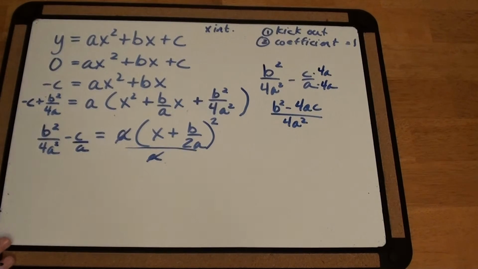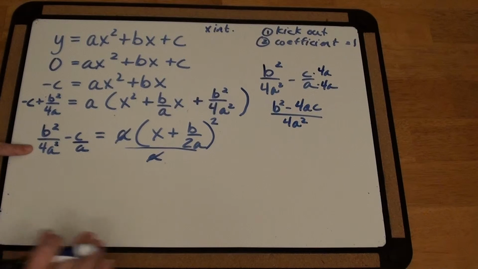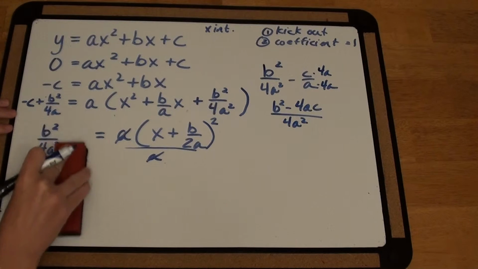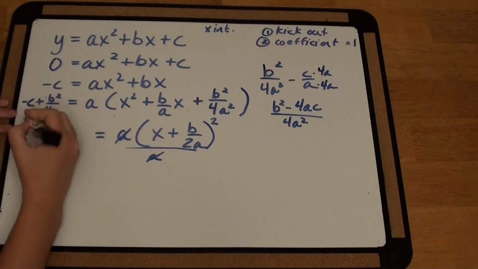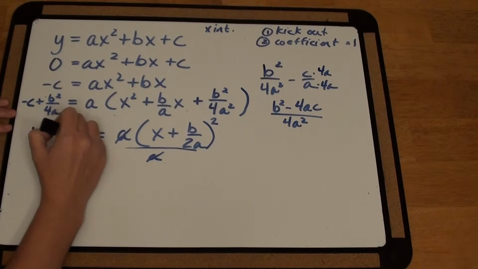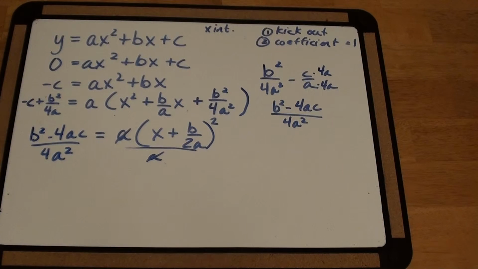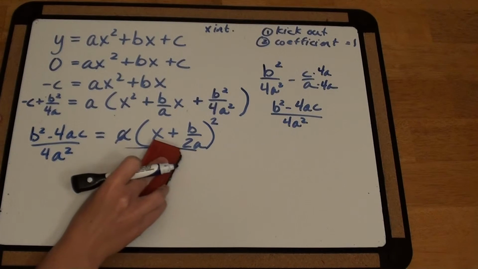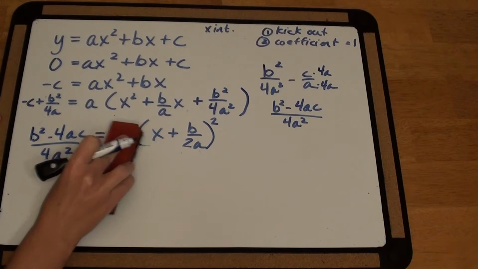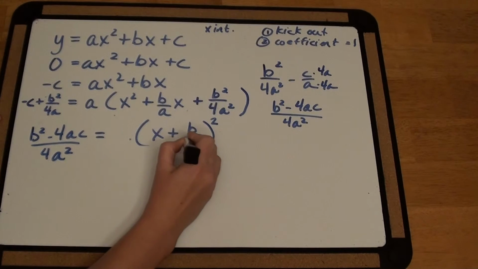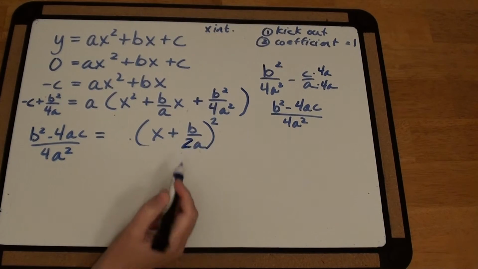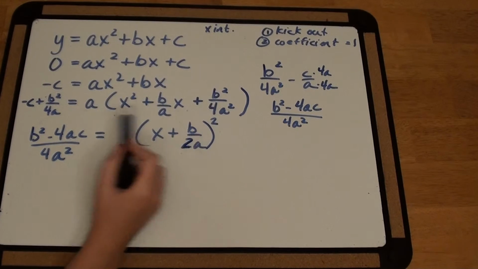All right? So that's going to be what this becomes. Now, on this side, we've canceled out this a, so I'll go ahead and clean it up by erasing that.